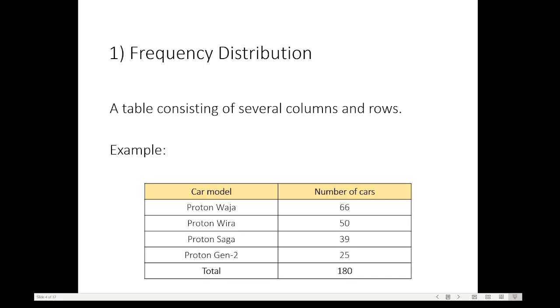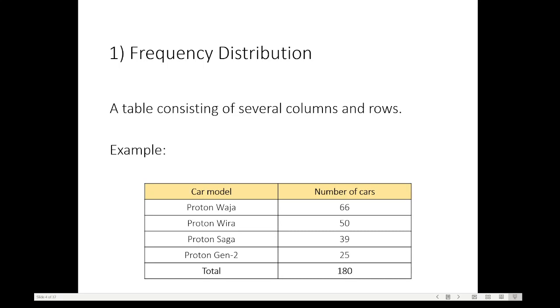So that is basically the frequency distribution, whereby you only have one variable, and in this situation the variable is categorical, where the variable is car model, classified into four categories: Proton Wajah, Proton Vira, Proton Saga, and Proton Gen 2.